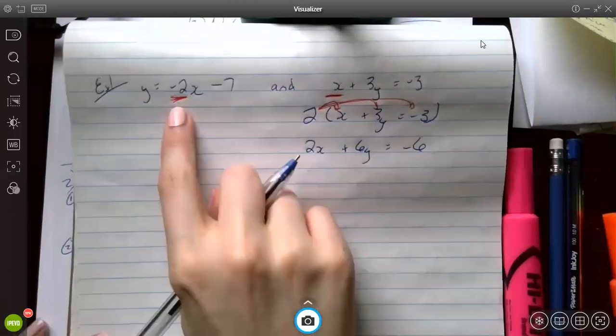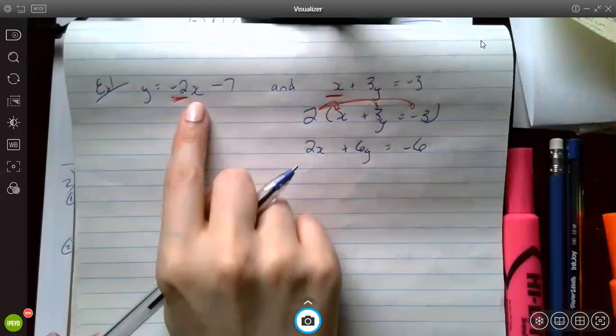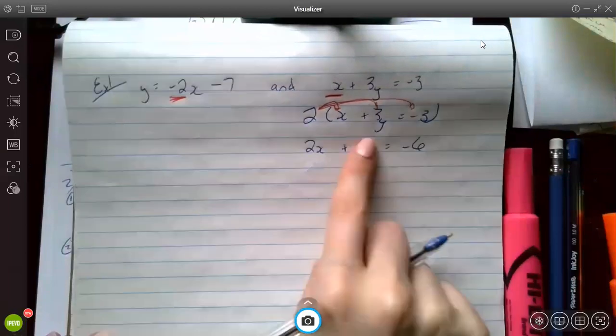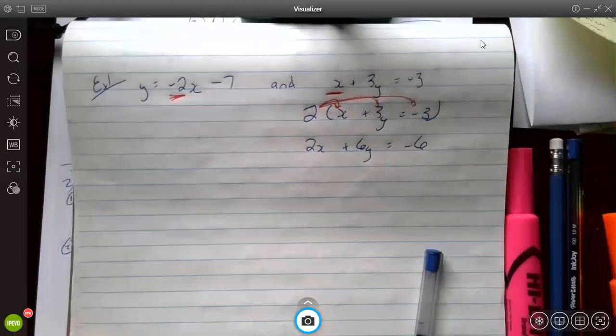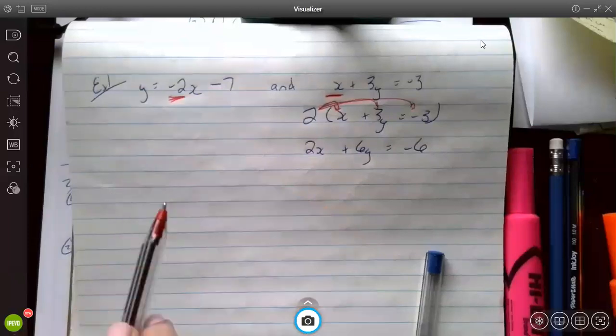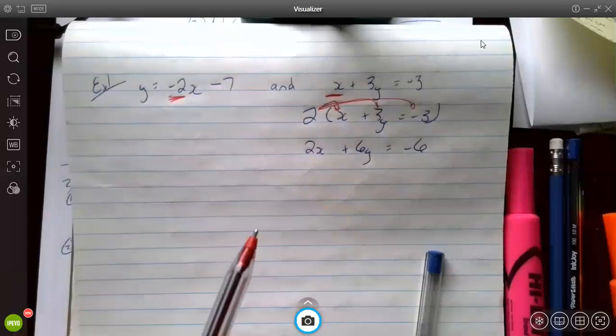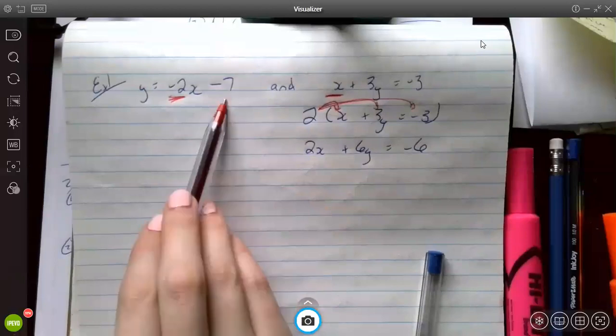And then the other equation, I just want to rearrange so that it looks similar to this. It doesn't matter how you rearrange these as long as the x's, y's, equal sign, and constants all line up.